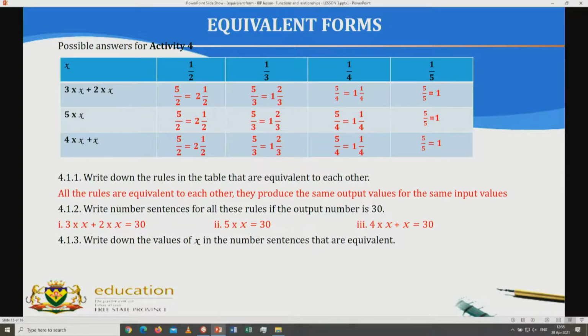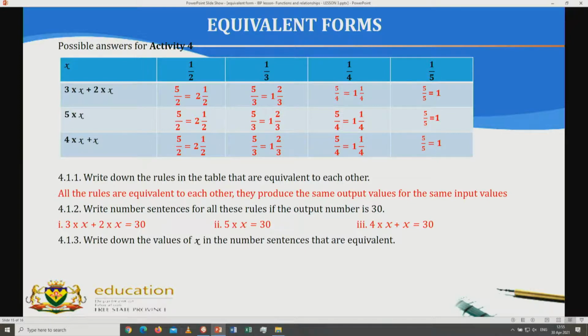The second number sentence will be 5 multiplied by x equals 30. Number 3, 4 multiplied by x plus x equals 30. Those are the number sentences if the output number is 30.